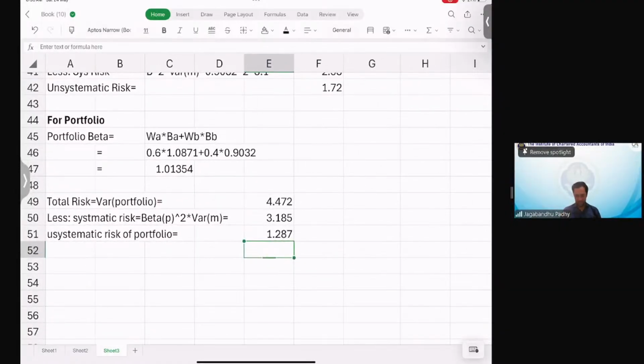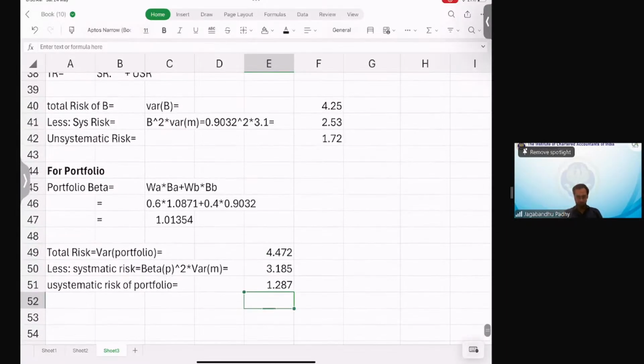Okay, are we getting these numbers, everyone? All able to get these numbers? Systematic risk, unsystematic risk. Just check and let me know. The portfolio beta number is correct, and also the systematic and unsystematic risk of the portfolio.